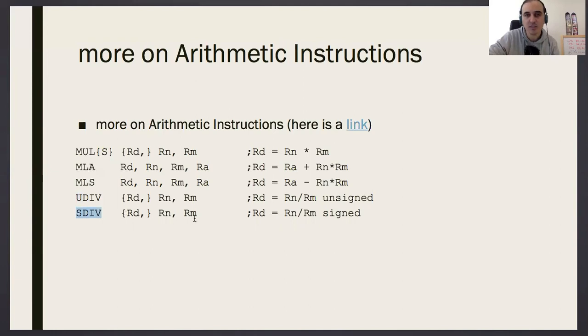It's doing the same operation, but it is taking into consideration that your numbers are signed or unsigned. So if you're using UDIV, and if the most significant bit is 1, it won't think that it's a negative number. It will think that it's a whole number with a value. But if you're using SDIV, it will think that the most significant bit is the sign, and it will do this operation accordingly.